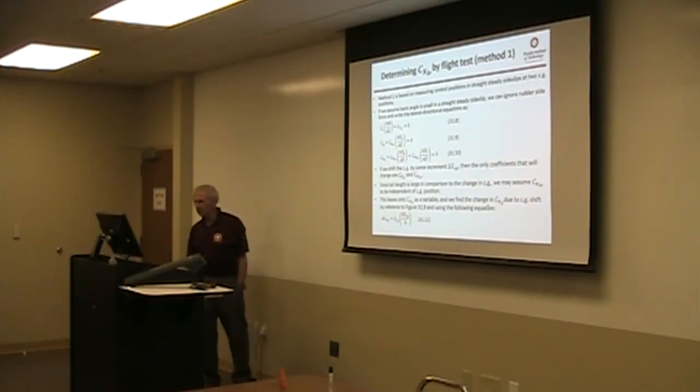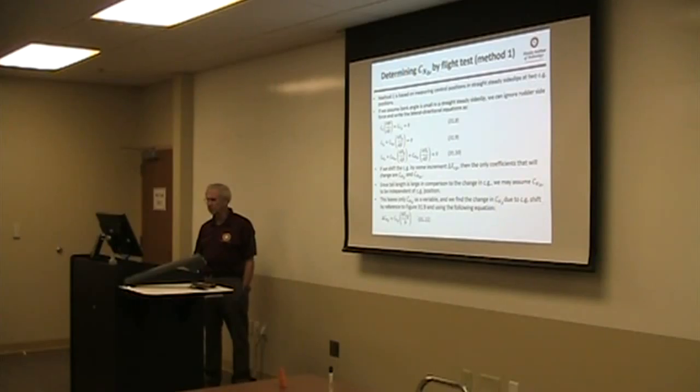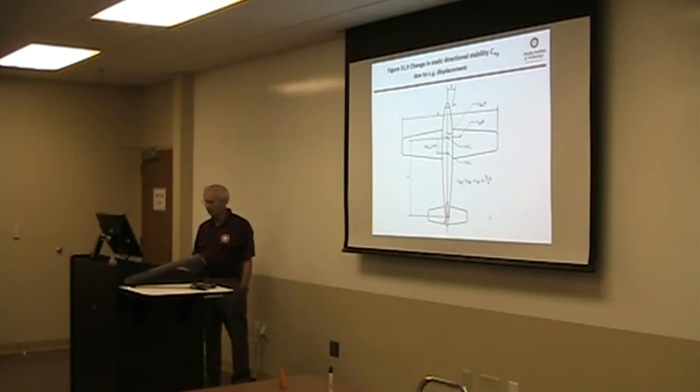And we find the change in Cn beta due to the CG shift by reference to the following equation. Change in Cn beta is side force coefficient times change in CG position over the wingspan. And so here we have a direction. Here's a length from the first CG all the way back to the tail, and we move the CG back here.